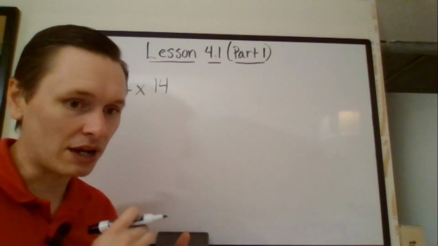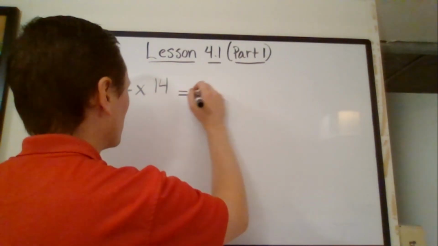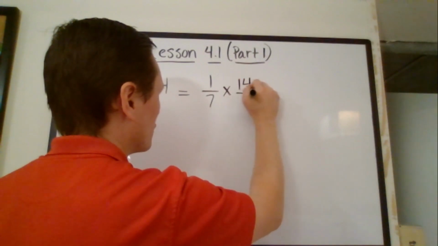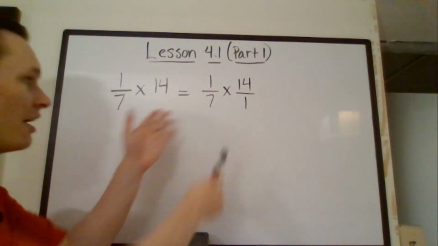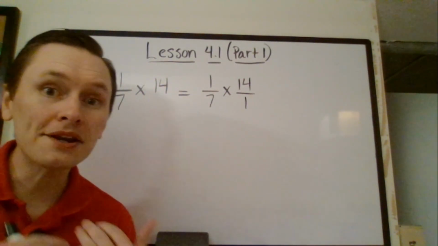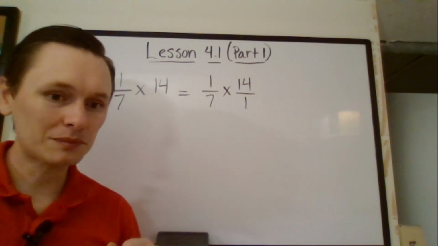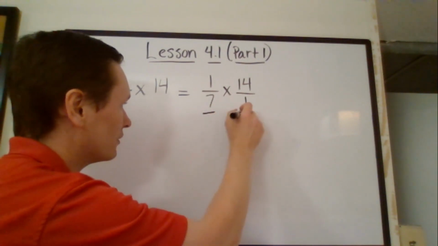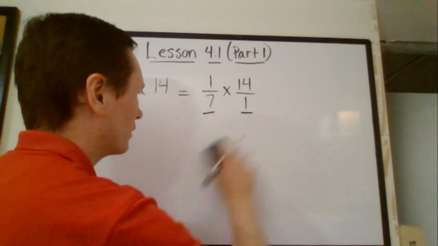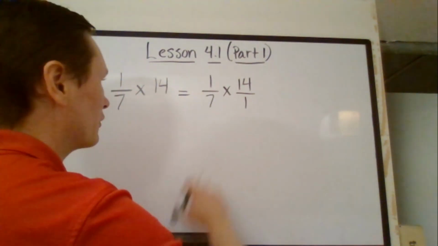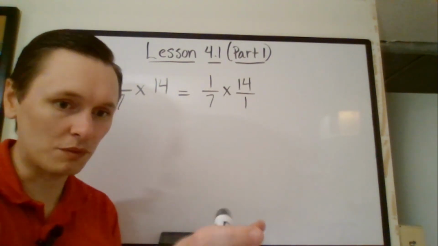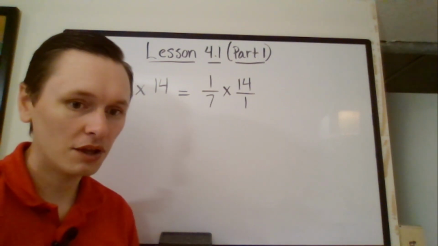So if I rewrite this, this will equal 1/7 times 14 over 1. Ta-da! Now I have two fractions, and guess what? We know how to multiply that. So now, you want to fill in your answers here. So 1/7 and 14 over 1 is what we just filled in on your guided notes.